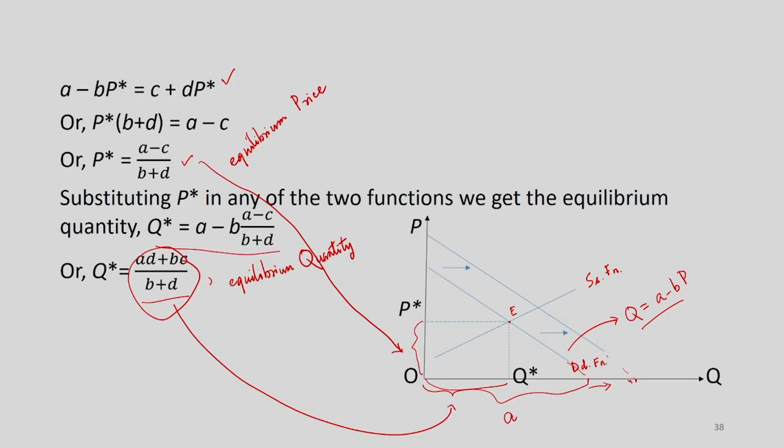So, rise of A means that this intercept is rising, and it is going to maybe this particular value, and that basically means that the entire demand curve, it is not exactly a curve, it is a straight line, in this particular case is shifting to the right, and if it is shifting to the right, then there will be a new point of intersection with the supply function, and that point in this case we are calling E dashed.